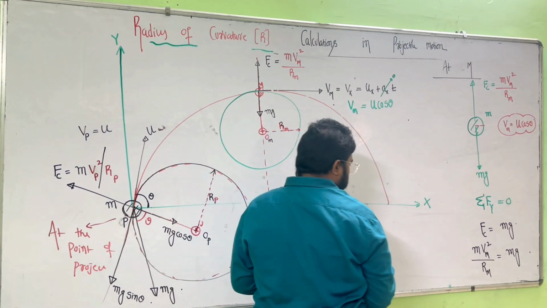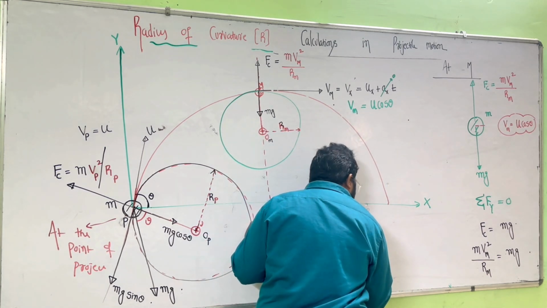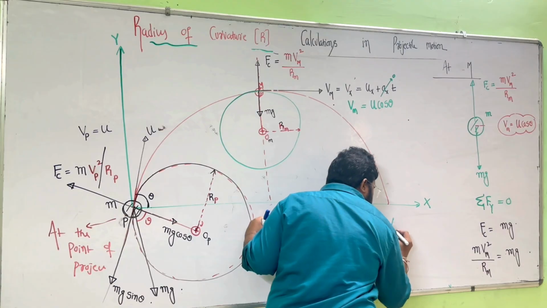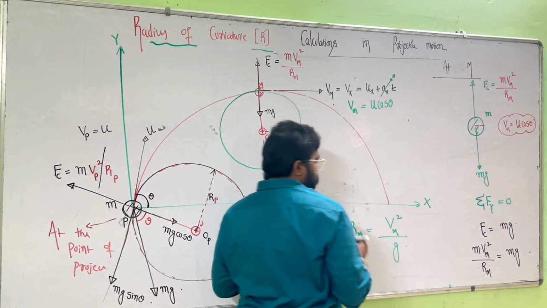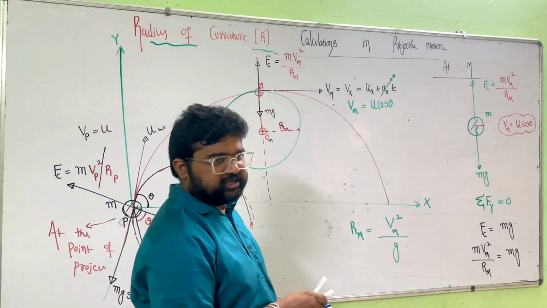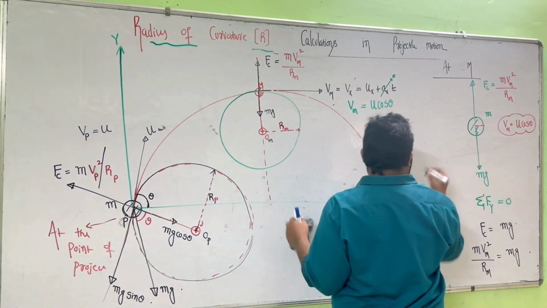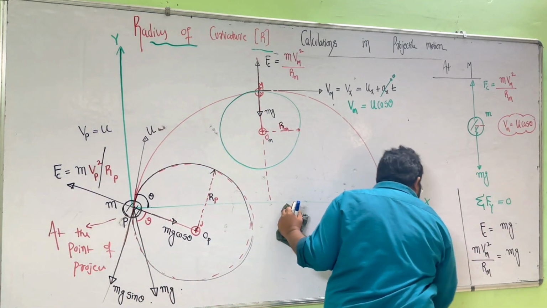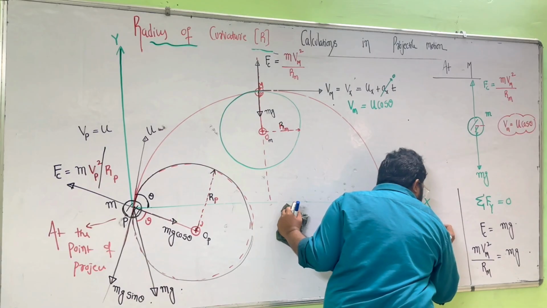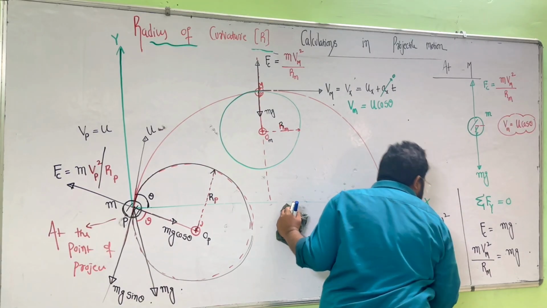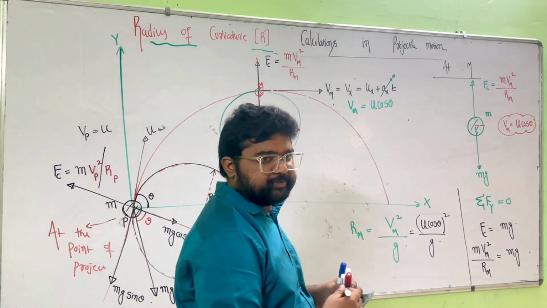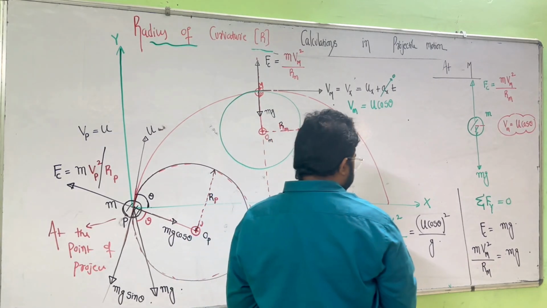M gets cancelled out. Rm equals how much? The corresponding Vm square by G. Vm can be written as U cos theta, so Rm is U cos theta whole square by G, which is U square cos square theta by G.